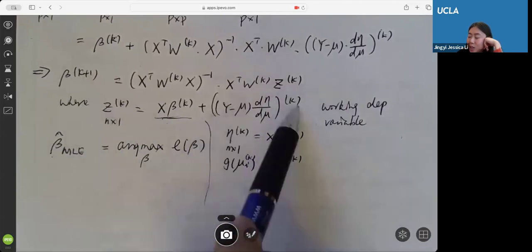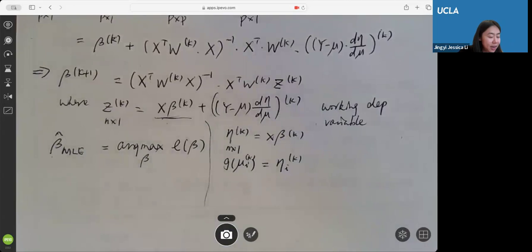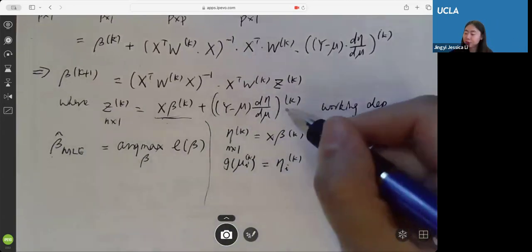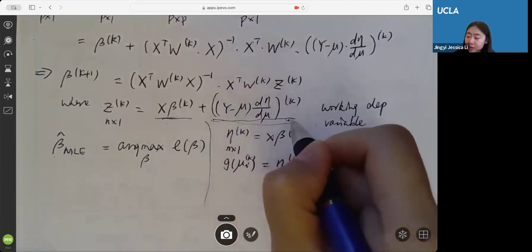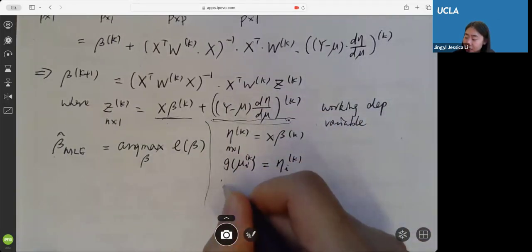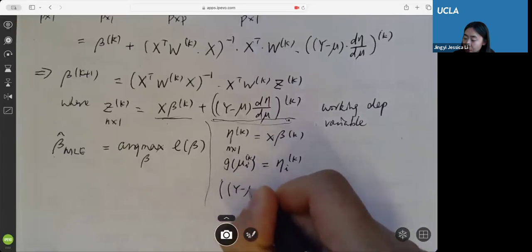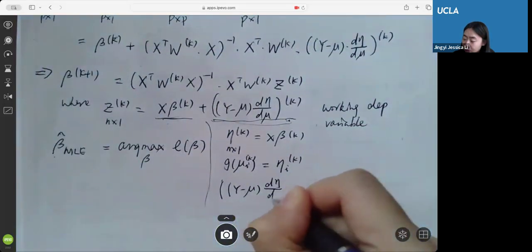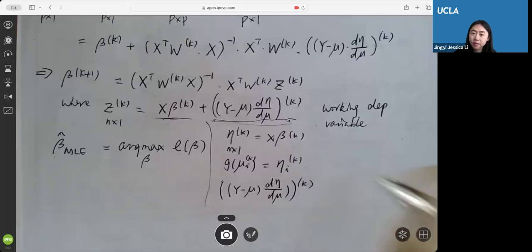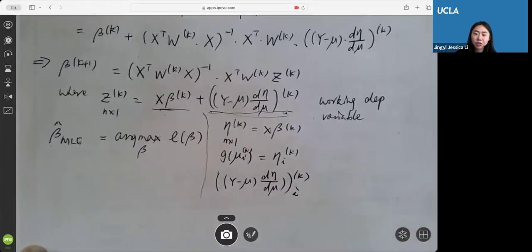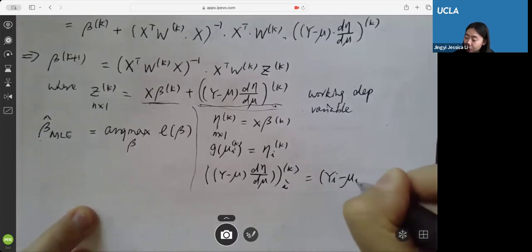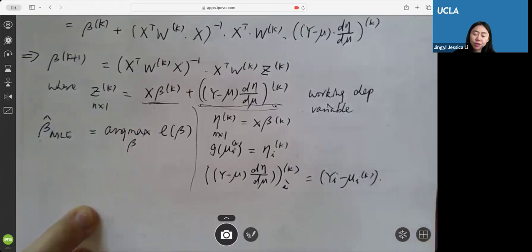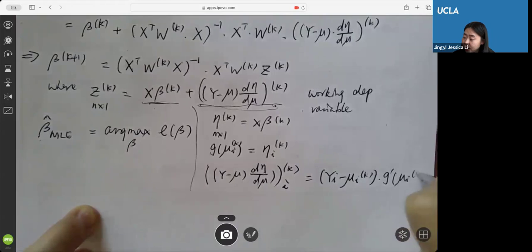But we also add this part. And this part, if you look at it, for this long format here, let me just write it one more step, y minus mu times d eta d mu at k, right? The ith component is essentially yi minus mu ik times the derivative of the link function at mu ik.